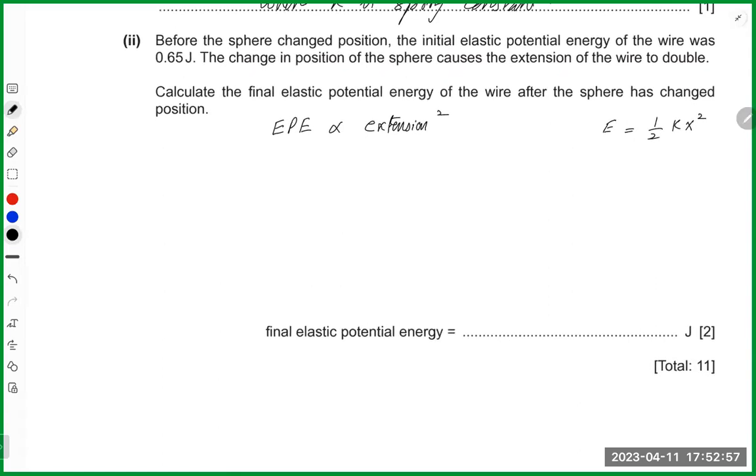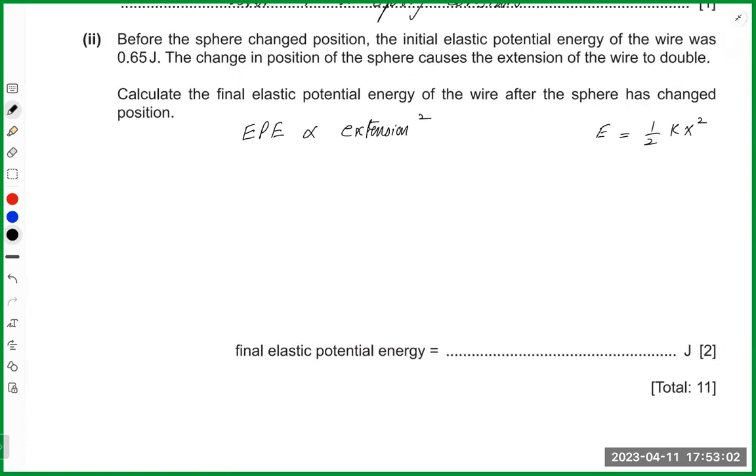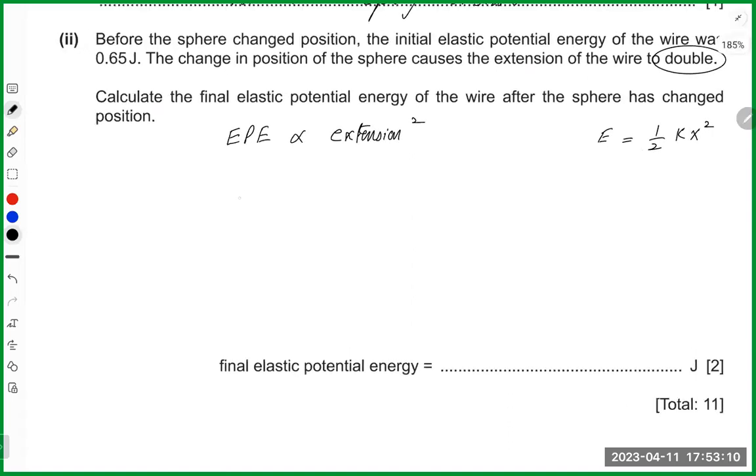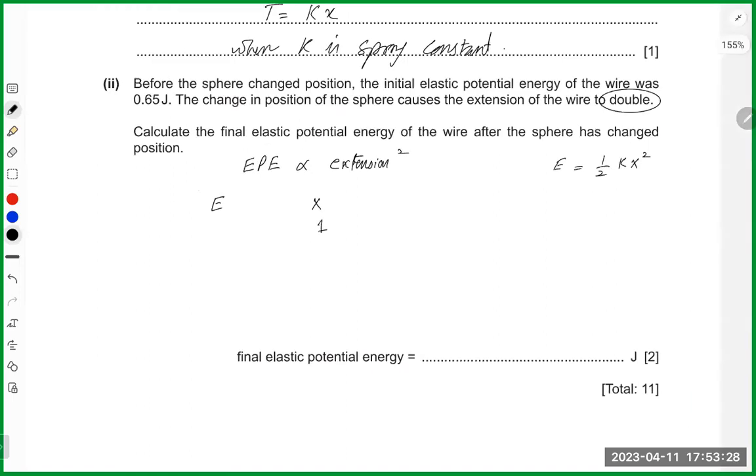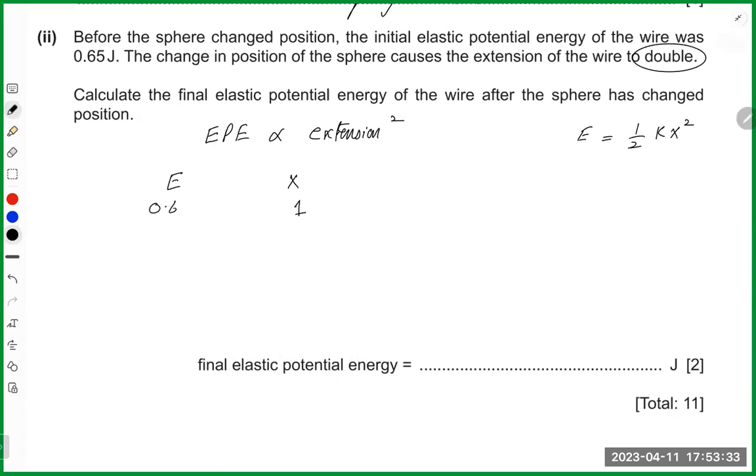Now, the change of the sphere caused the extension to double. Now, elastic potential energy and extension. If this is 1, this is 0.65.